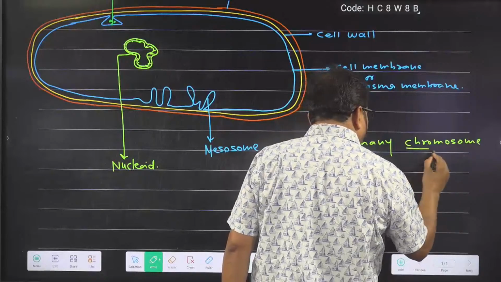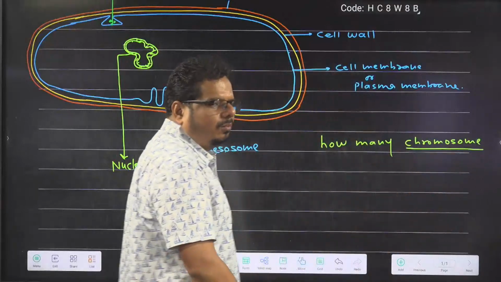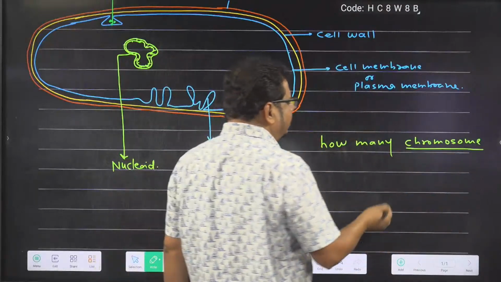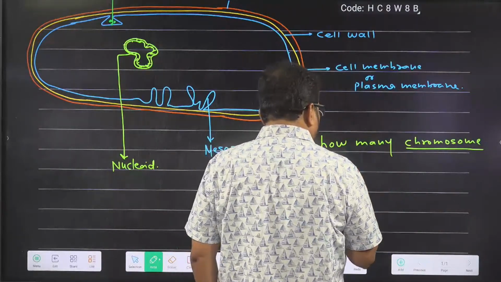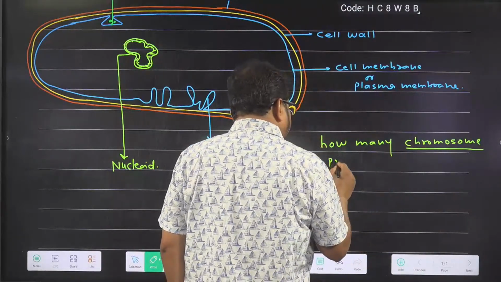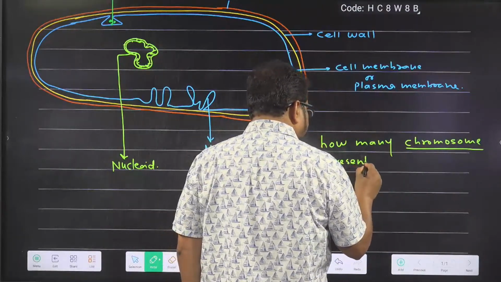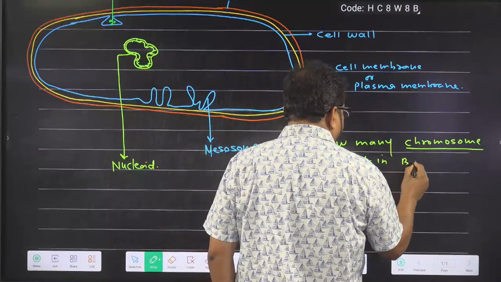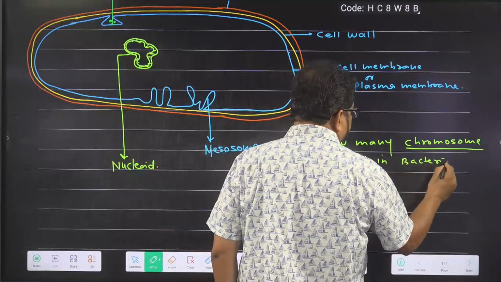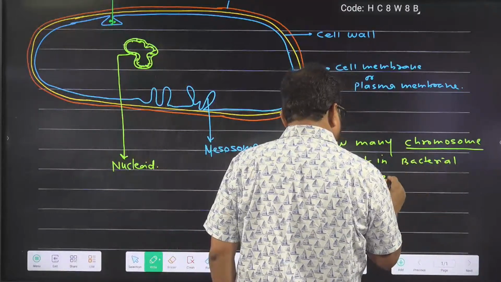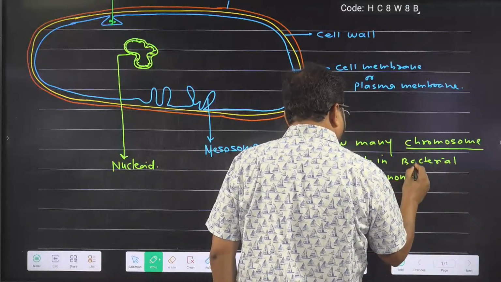They wrote chromosome, though in the true sense it is not a true chromosome, but the examiner asked the question like this: how many chromosomes are present in the bacterial genome, or prokaryotic cell genome?